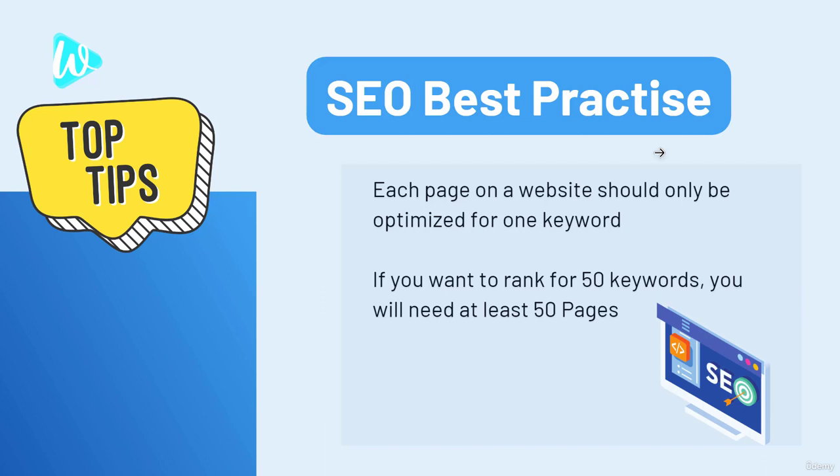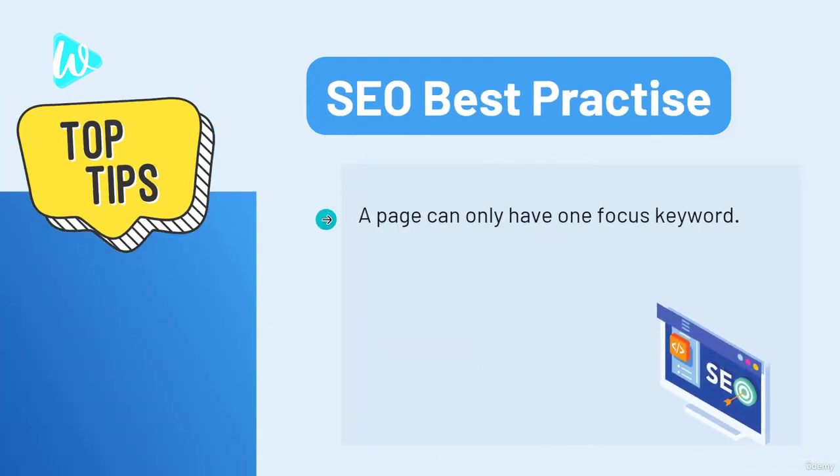If you want to rank for coffee, then you have to optimize your blog post for the focus keyword being coffee. You can't optimize your blog post for coffee and another thing. So concentrate on one thing. Another SEO best practice is that a page can only have one focus keyword, which I've just explained. I sound like a broken record, I know.